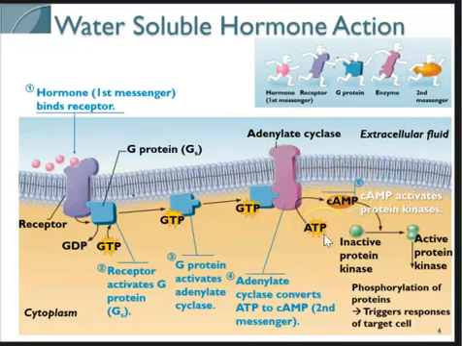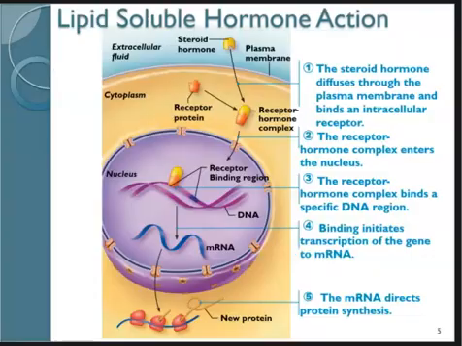And one thing you want to remember about cyclic AMP is that in this pathway it is considered the second messenger. Okay, and this activates a protein kinase, which in turn will cause a response in our target cell. That's what we need to be aware of for a broad way in which the water soluble hormones act.